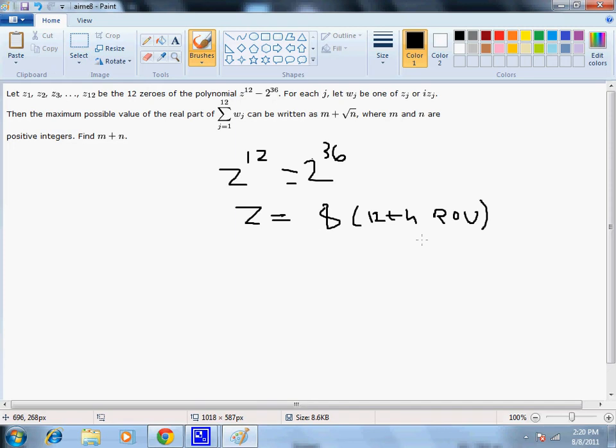To make it simpler, we'll consider the 12th roots of unity and then multiply everything by 8 at the end. So on the unit circle, the 12th roots of unity are 1, negative 1, i, and negative i, and then 2 other points in each quadrant.